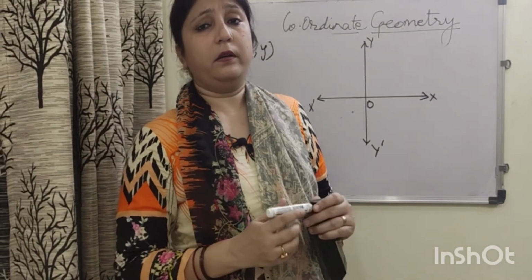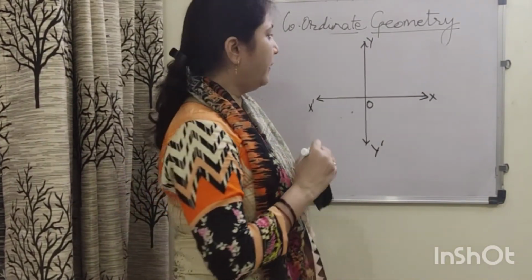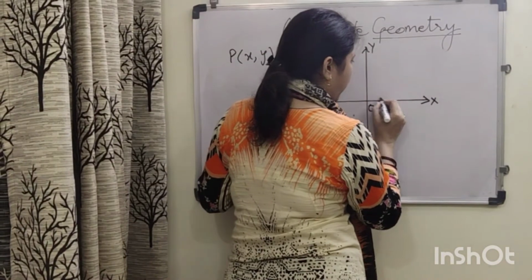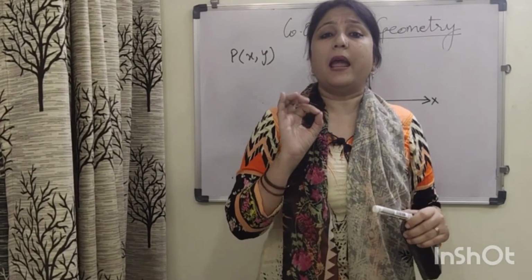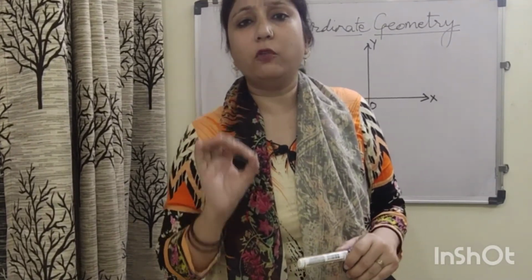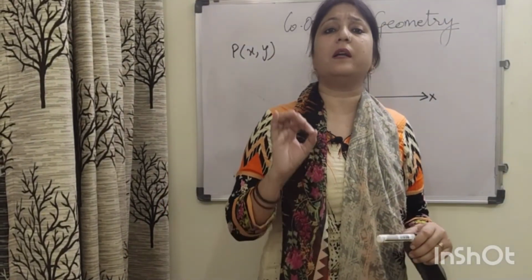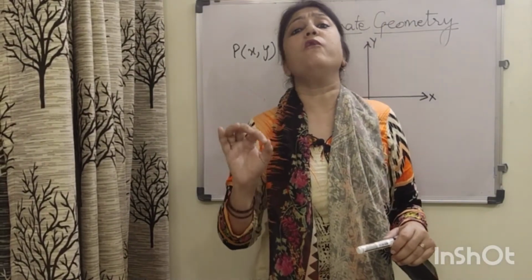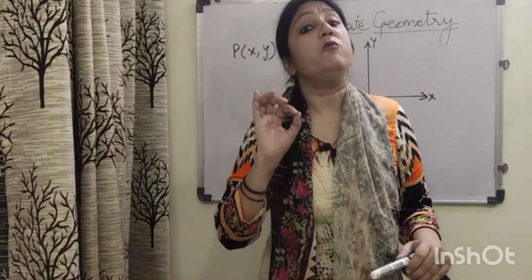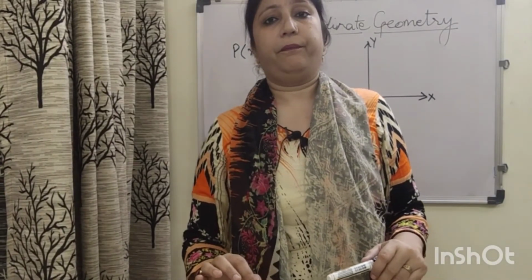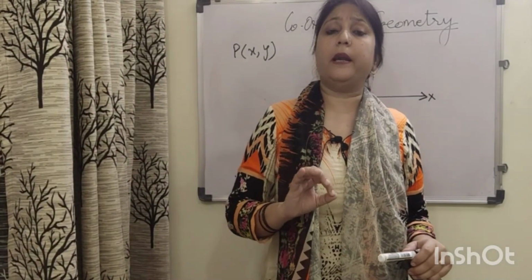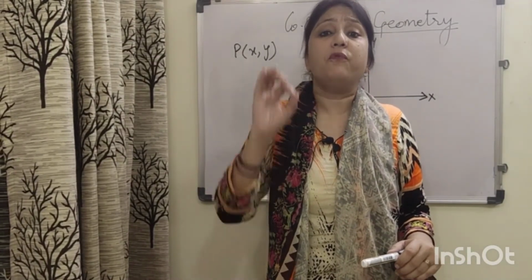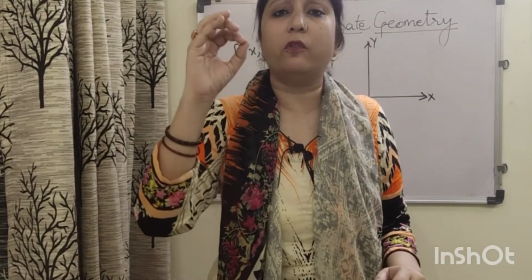X coordinate gives you the distance of a point from y axis. Pay attention to my words. X value or x coordinate or abscissa tells you how far is the point from y axis, and y coordinate tells you what is the distance of the point from x axis.